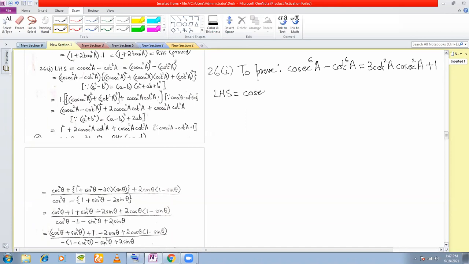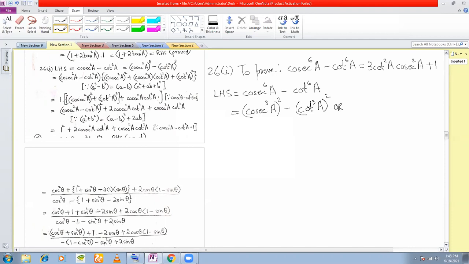Cosec to the power of 6A minus cot to the power of 6A. See that what you must note here, cosec to the power of 6 can be written as cosec cube A whole square minus cot cube A whole square.